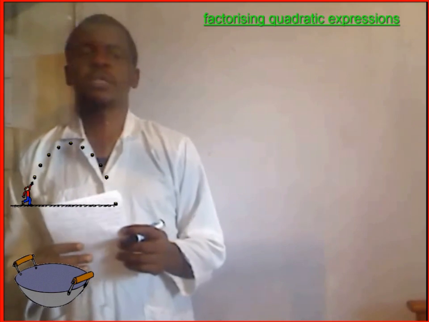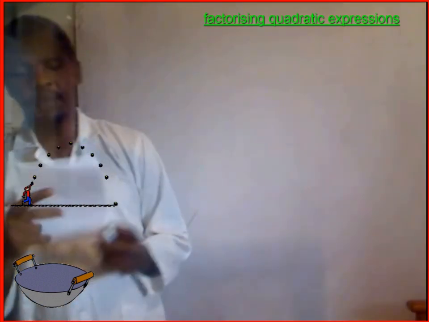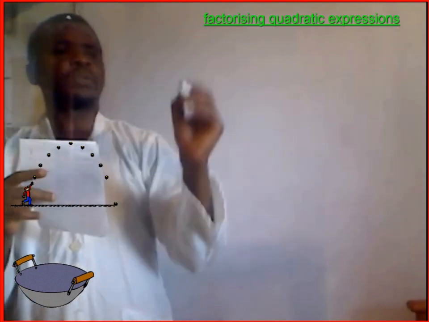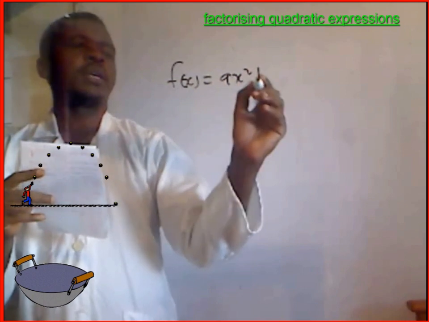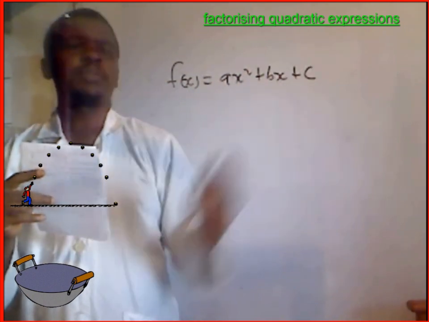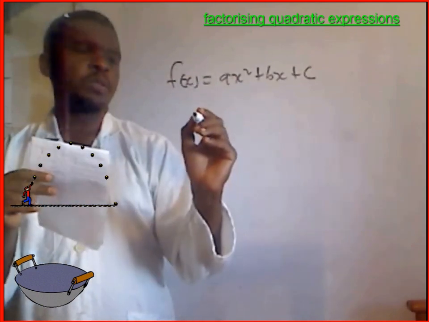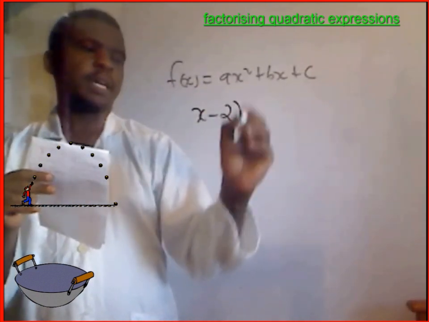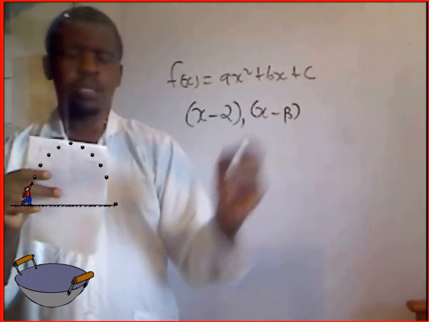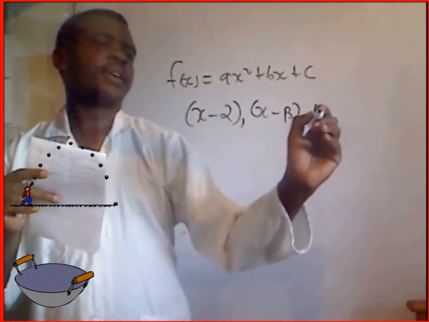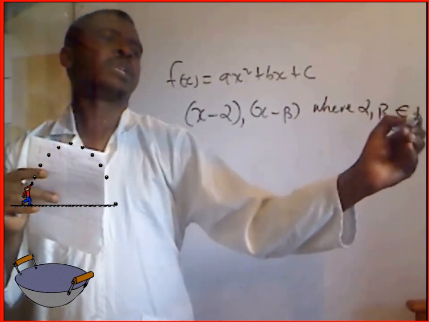How do we factorize quadratic functions? We know that a quadratic function has at most two roots. So if you have f of x is equal to ax squared plus bx plus c, here we can have at most two factors, which we call x minus alpha and x minus beta, where alpha and beta are real numbers.